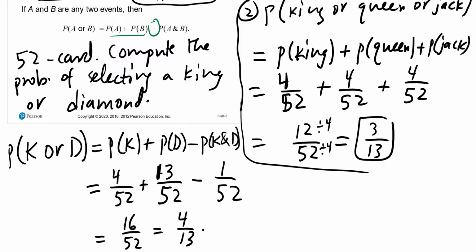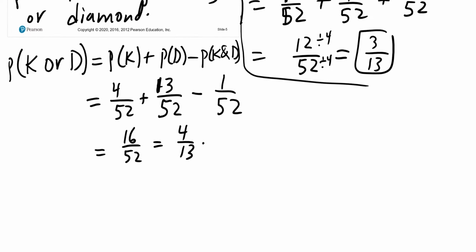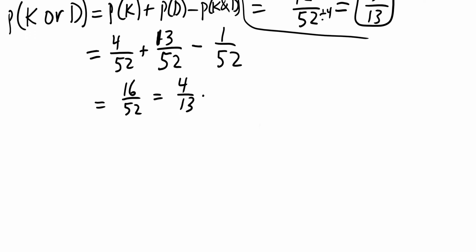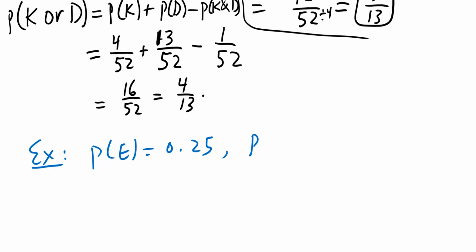It shows how we can find probabilities where the two events share something in common. Let's look at more examples. Let's say the probability of E is 0.25, and the probability of F is 0.45.